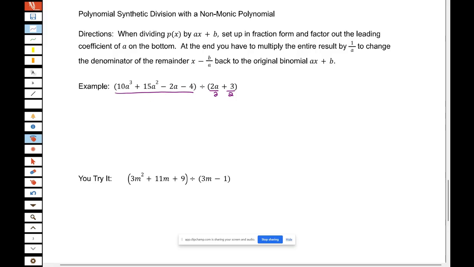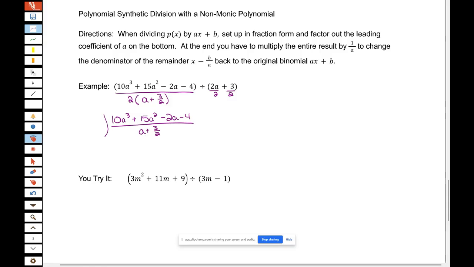So that's going to be 2 times a plus 3 halves. When we do that, now we have a new polynomial we are dividing, which is 10a to the third plus 15a squared minus 2a minus 4 divided by a plus 3 halves.